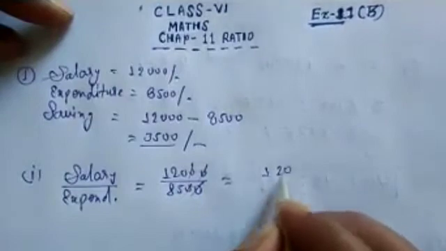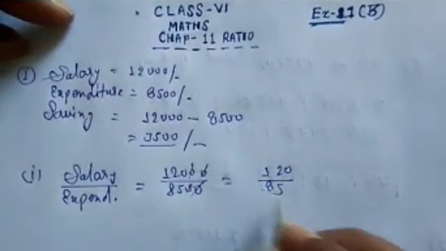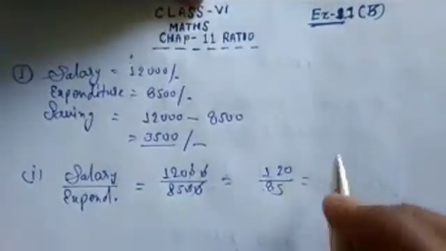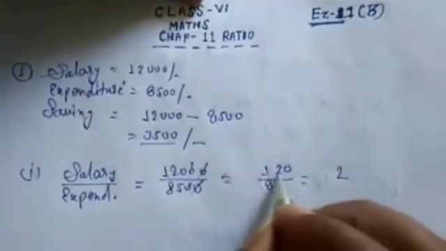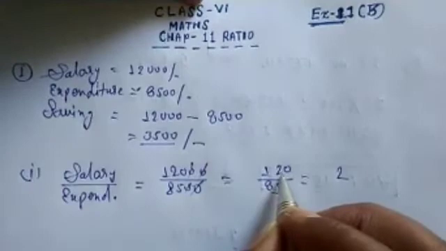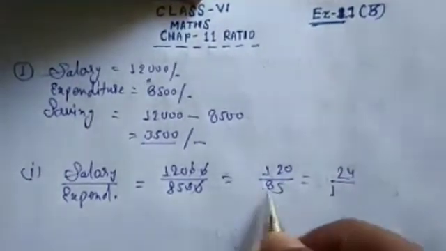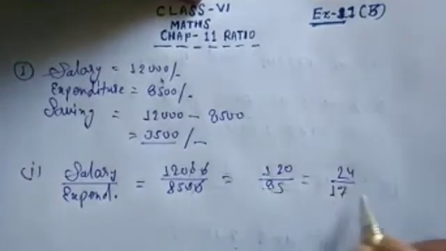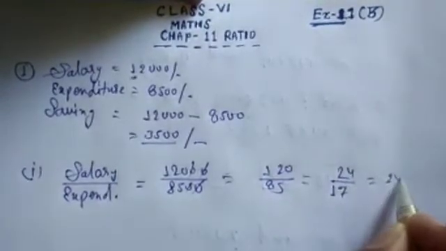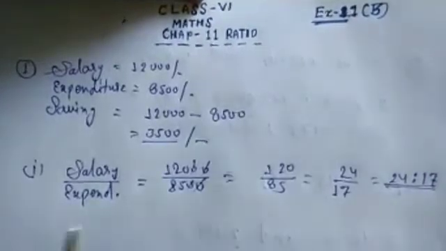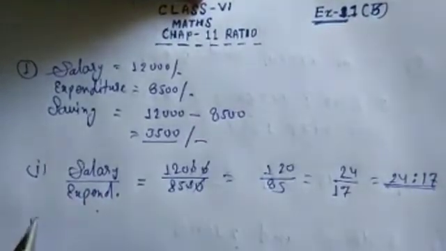This is 120 upon 85. Cancel one by one. So first of all, cancel by 5. 5 with 2 is 10, 20 remains, 5 4s are 20. 5 1s are 5, 5 7s are 35. This is 24 ratio 17. This is the ratio of salary to expenditure.